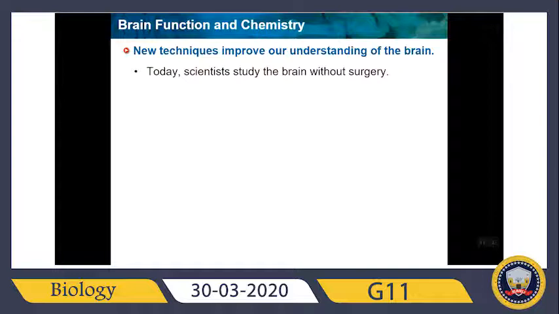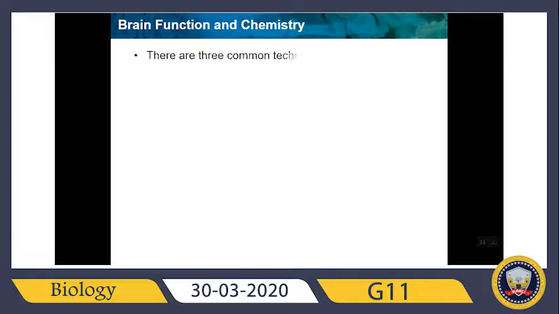If we have a dead patient, we can dissect the brain. And if we want to study it in a living patient, it's a surgery. So it's complicated how we can study the brain. But now we have new techniques of studying the brain.